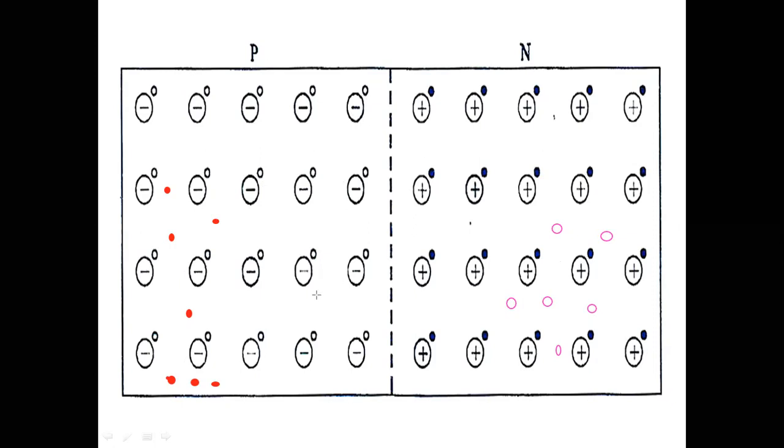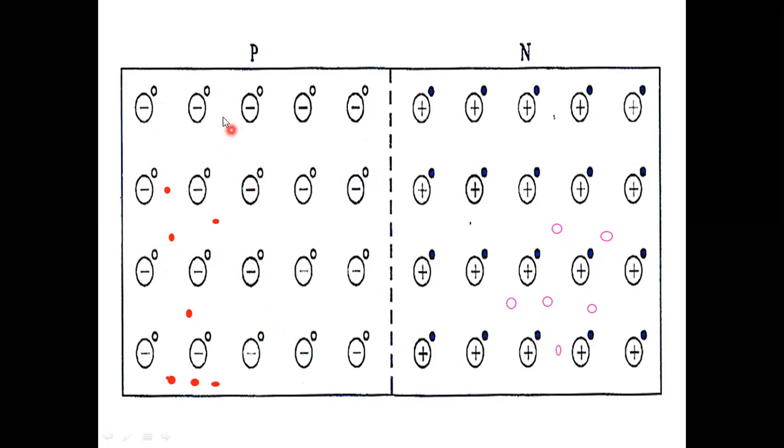Likewise, on the p side there are plenty of holes, since every negative atom has a hole. Here there are plenty of holes, and there the holes are very few.